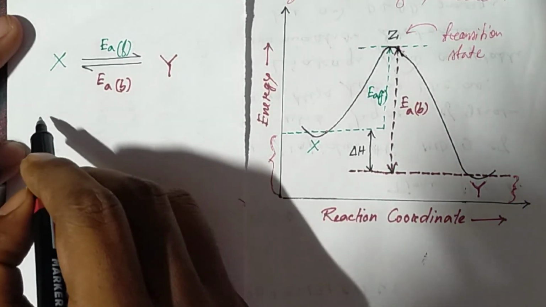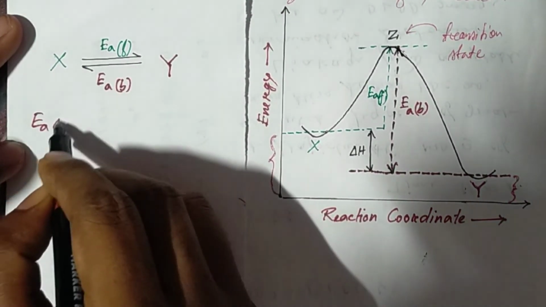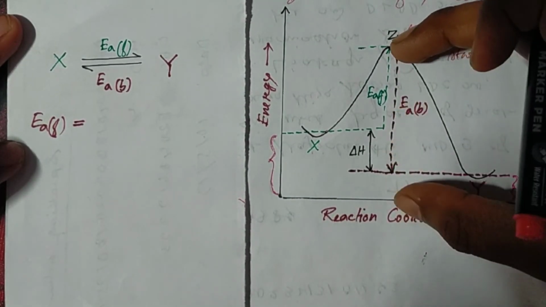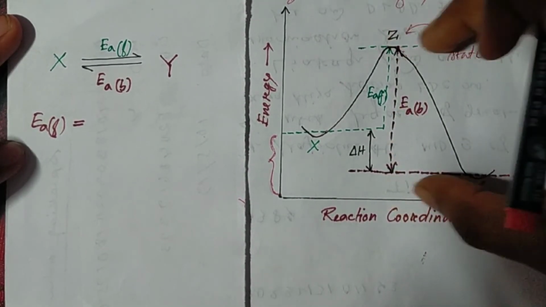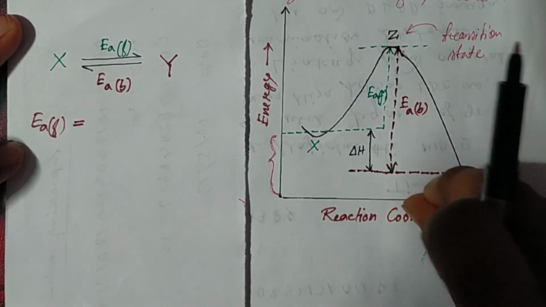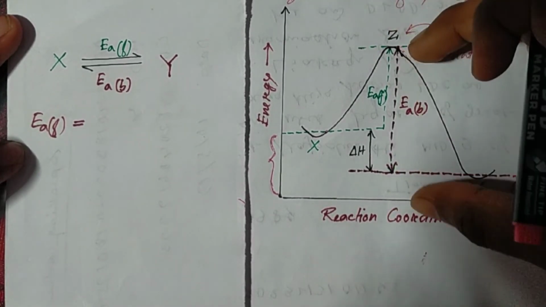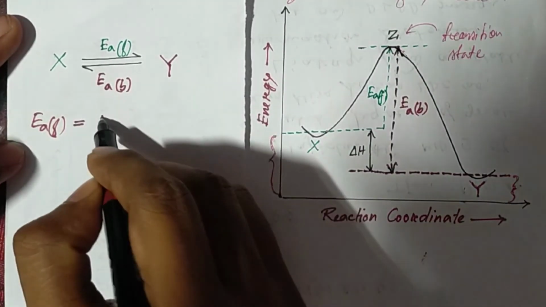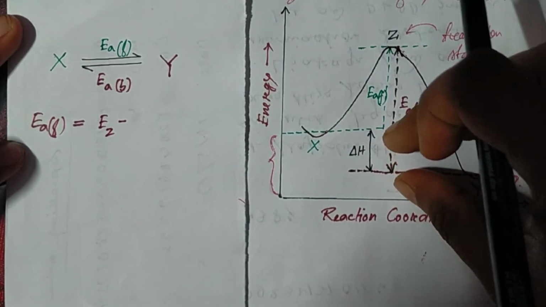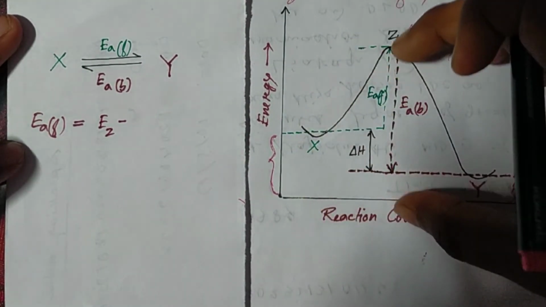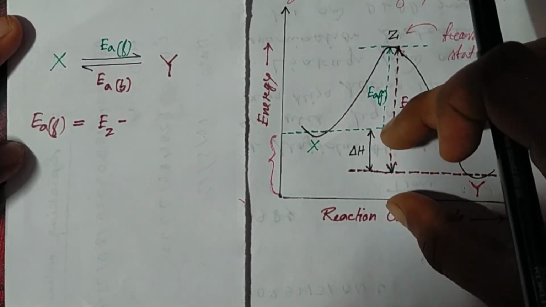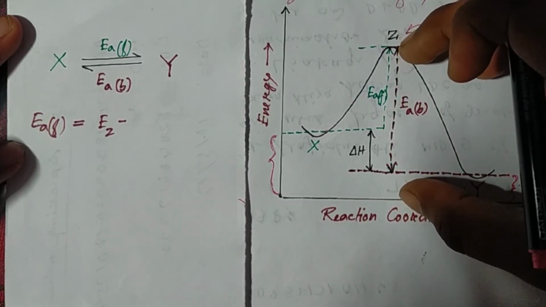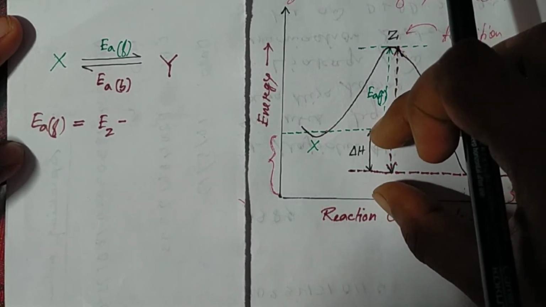Now, EAF is equal to what? EAF means EZ, this energy from this line to this line, the Z line, this is EZ energy. EZ minus EX, we are going to write this EZ and EX.